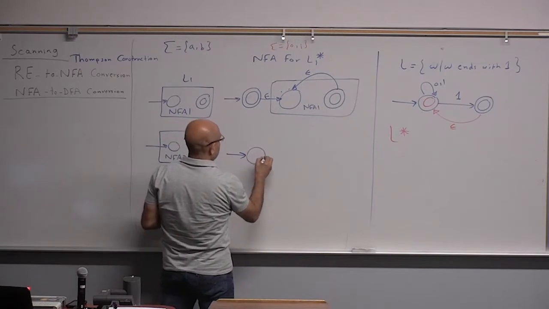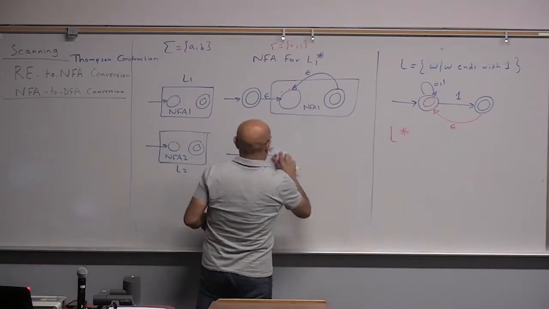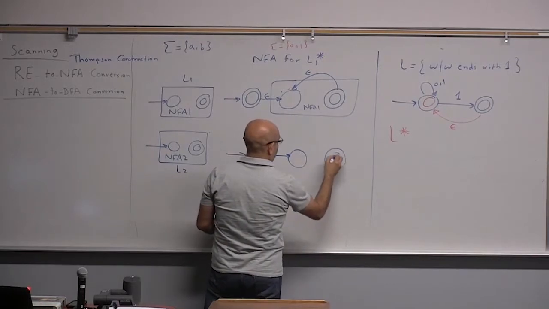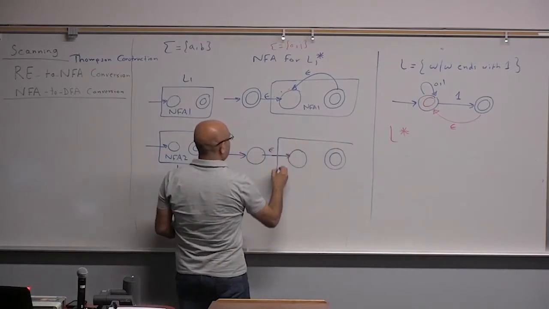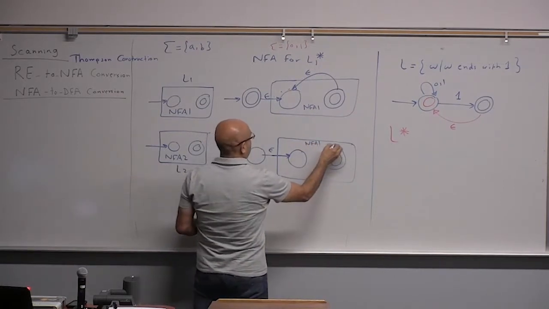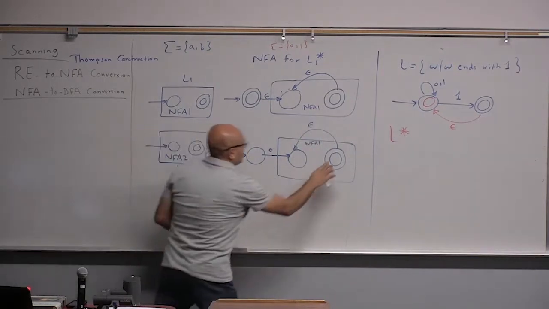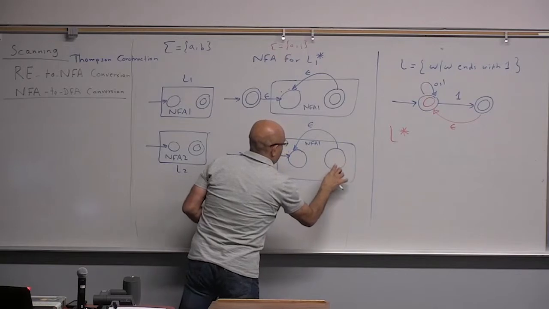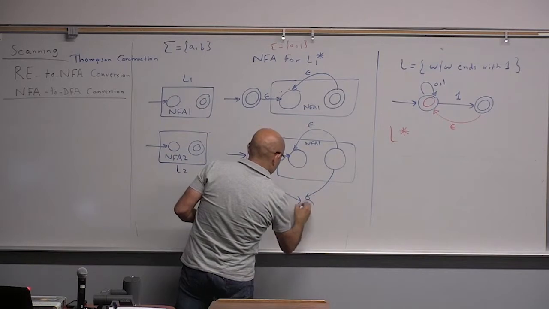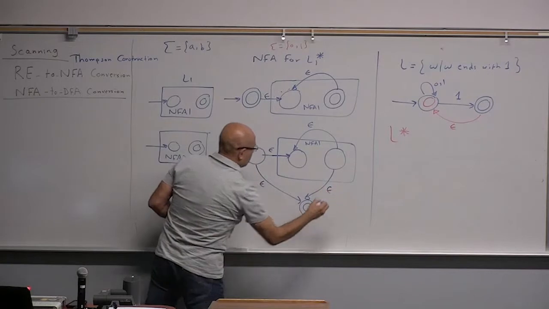So this is NFA 1, and then both of these are going to go to one accept state, and of course these are epsilon transitions.